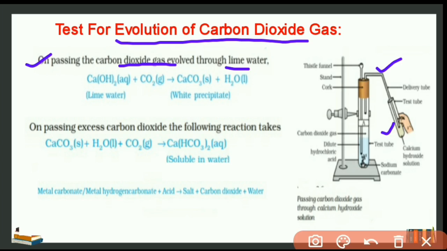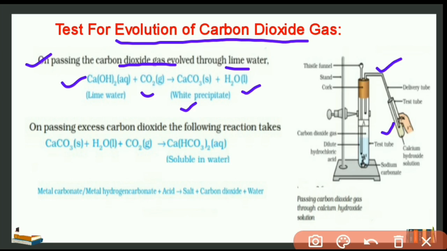This chemical reaction we can write in a chemical equation form. The lime water formula is Ca(OH)2, calcium hydroxide. When it reacts with CO2 gas, it forms calcium carbonate, a white precipitate, and because of the formation of this white precipitate, the lime water turns milky, and H2O is formed.